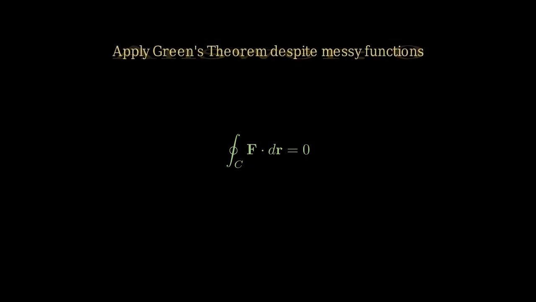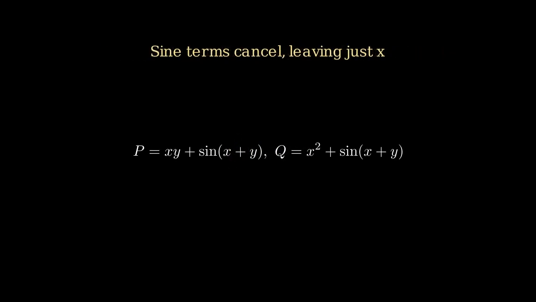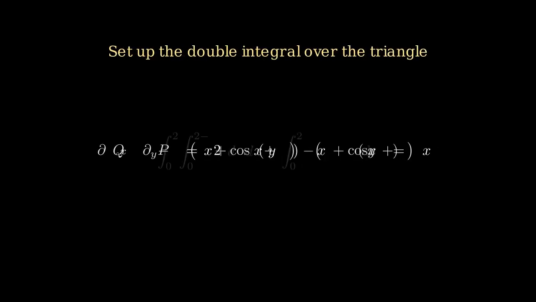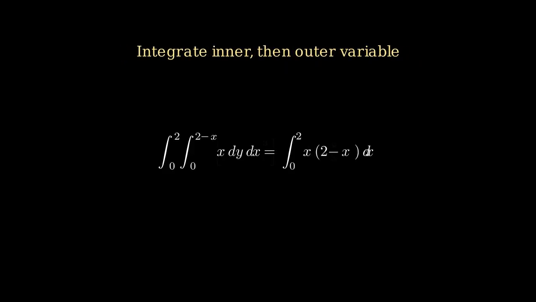Part D. Triangle with corners (0, 0), (2, 0), (0, 2). Here P equals xy plus sine of (x plus y), and Q equals x squared plus sine of (x plus y). Step 1. Apply Green's theorem regardless of how messy P and Q look.